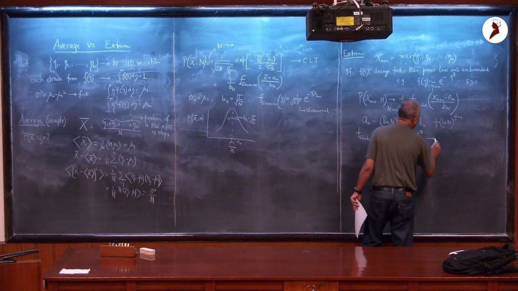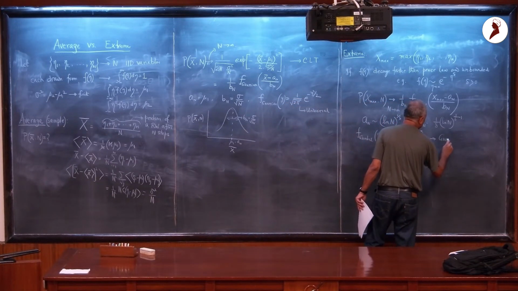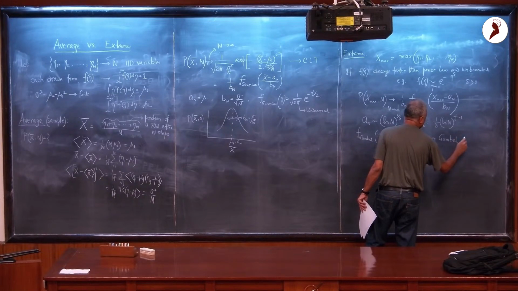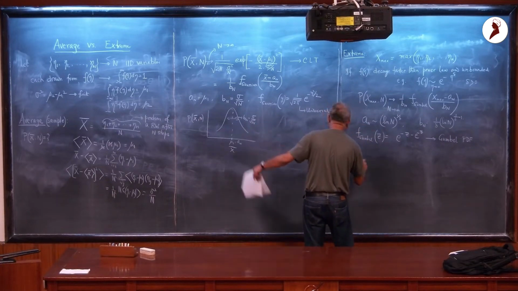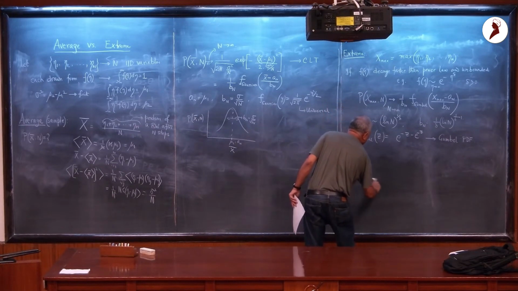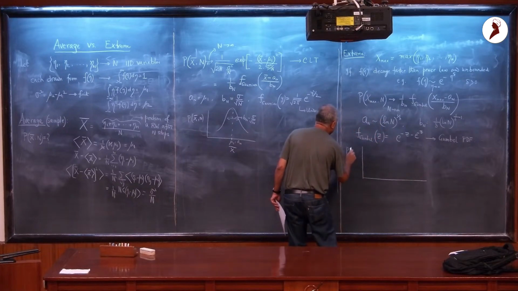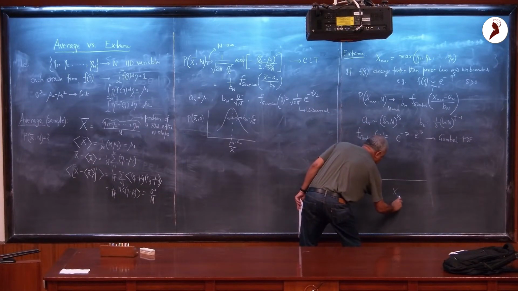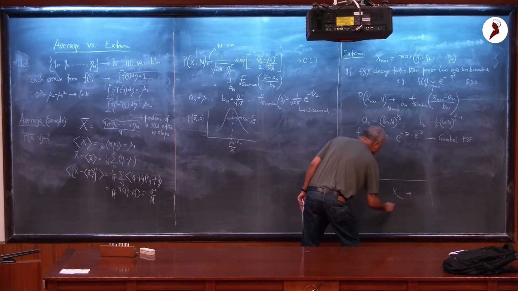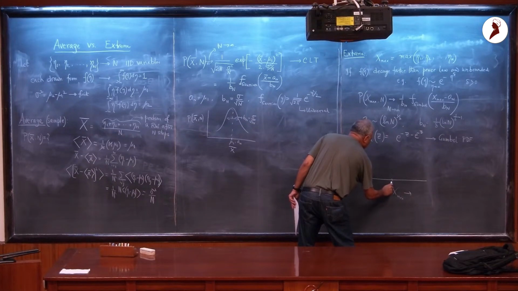And it's called the Gumbel PDF. Okay, so same thing exactly like this. If I plot the p of x max comma n versus x max, it will be peaked around this an.